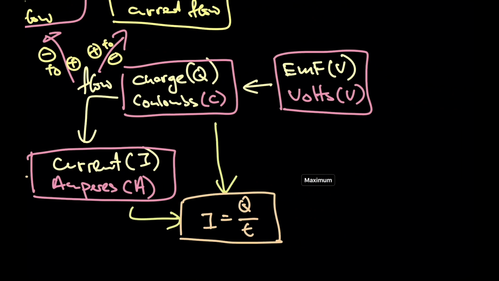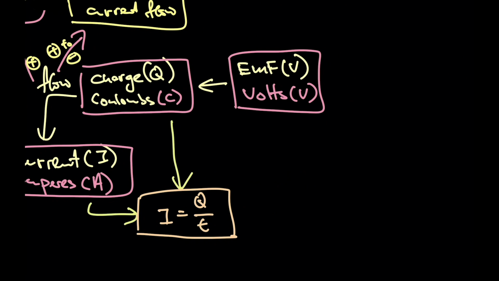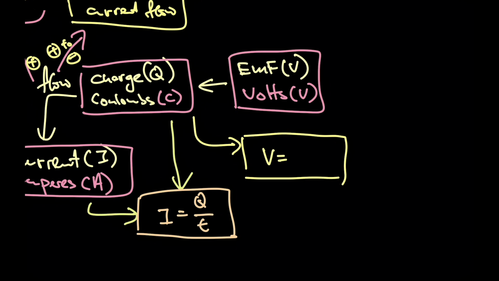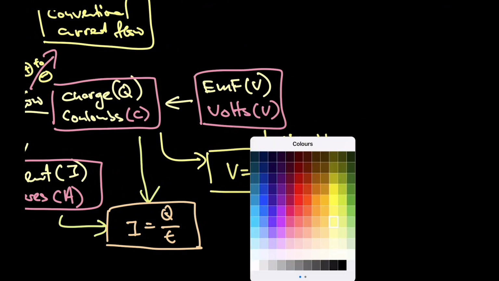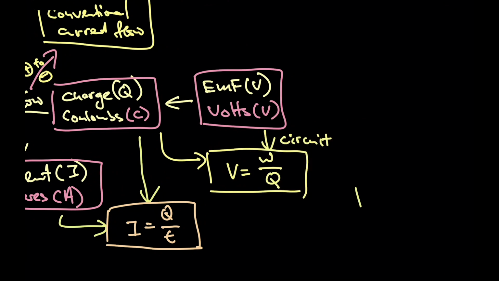Now, EMF is connected to your charge by this formula, where V is equal to the work done per unit charge across the circuit, and it's measured in volts. We have another quantity similar to EMF, which we call potential difference.